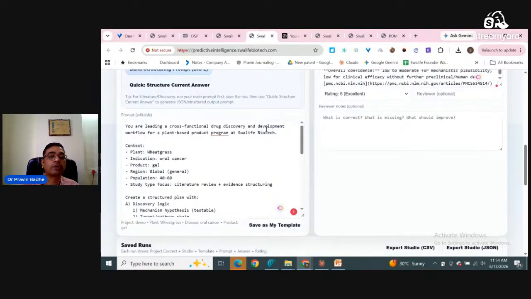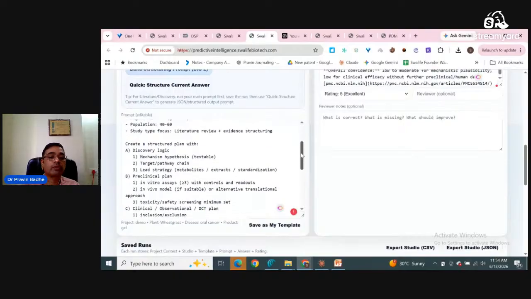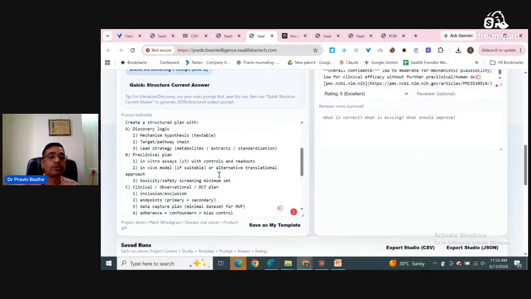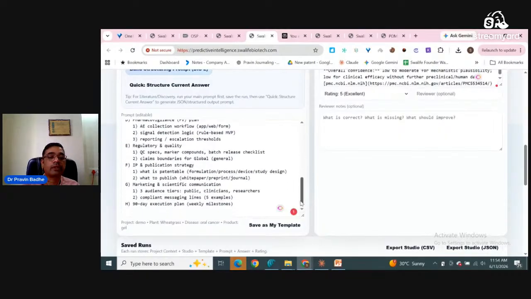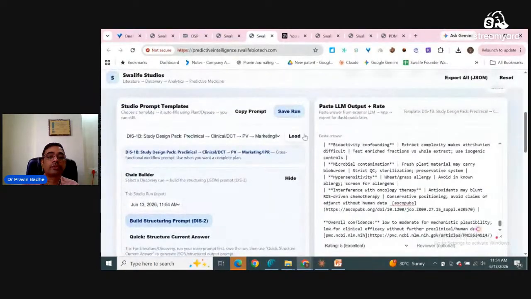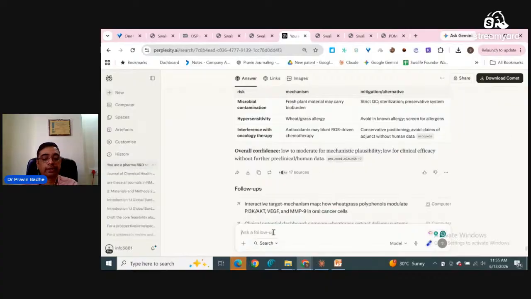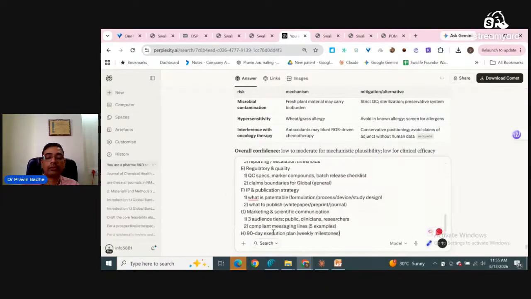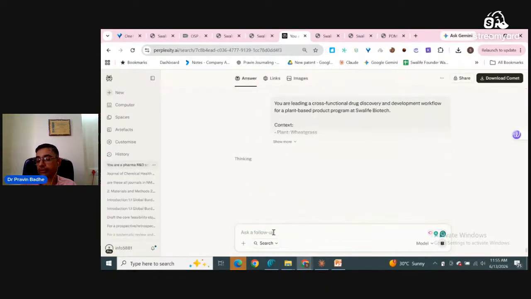So it is a development process where you will be getting information about the clinical as well. So discovery will be there, preclinical and clinical will be there, and also the 90 days execution plan for clinical purpose. You will be copying that, adding it here, and running it as a deep research.